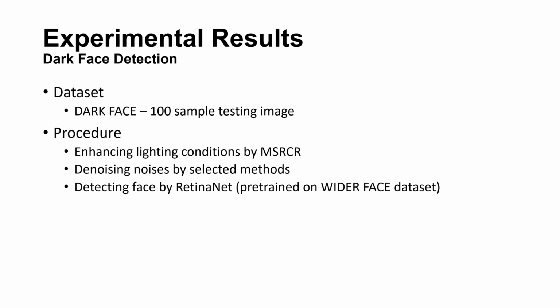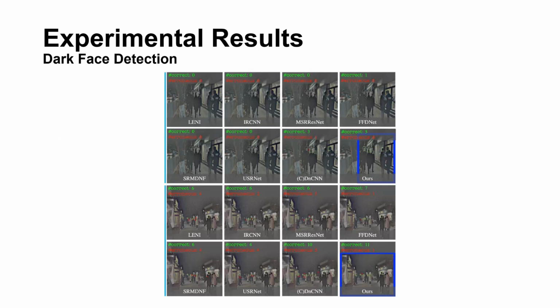The procedure of this task is that we first use MSRCR to enhance the lighting conditions, then adopt different denoisers to remove the noise, and finally conduct the face detection process using RetinaNet, which is pre-trained on the WIDER FACE dataset. Since the ground truth is not given in the DARK FACE dataset, we adopt the average precision of face detection as a performance metric. So here, two testing results are illustrated in this figure.